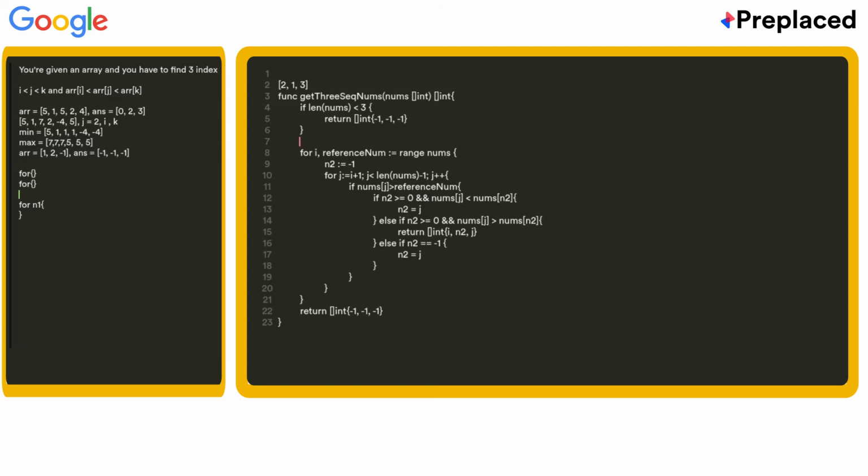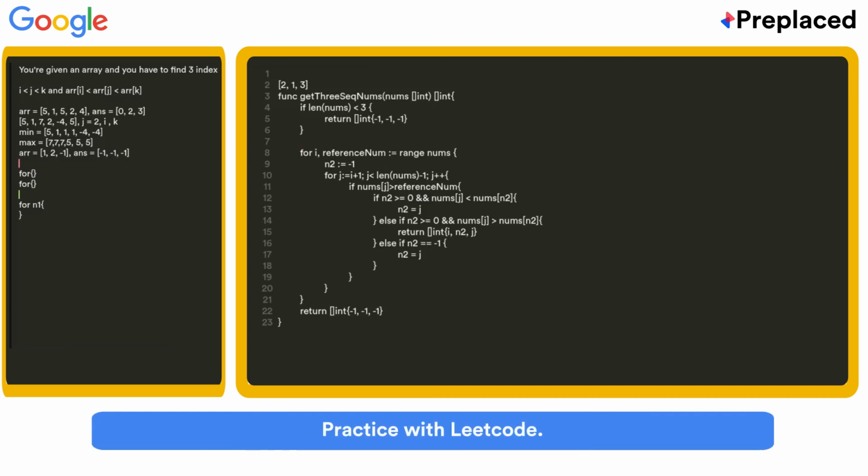And then they might have also asked you to optimize the space to order one. But definitely they would have expected the order n solution in both time and space. So that is one part that you will need to focus on.